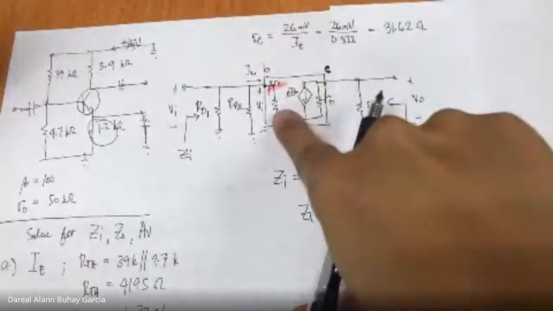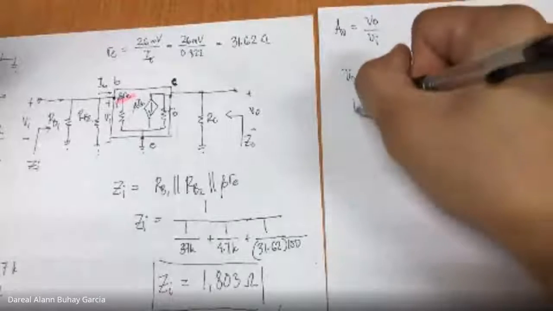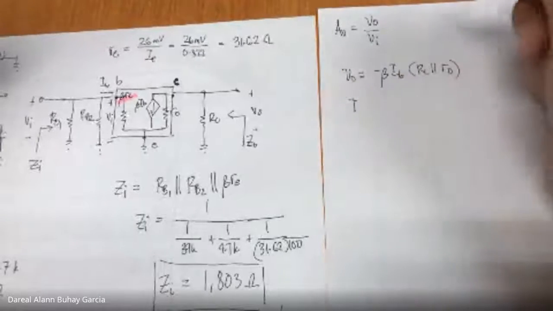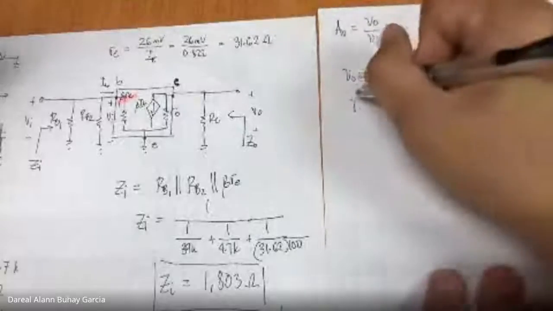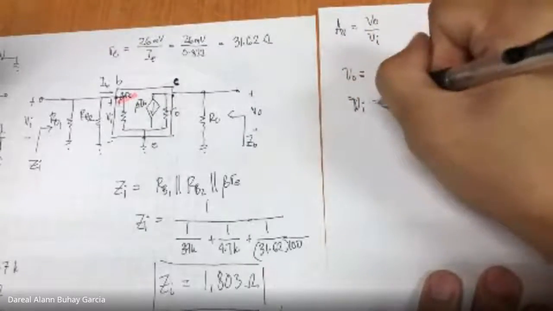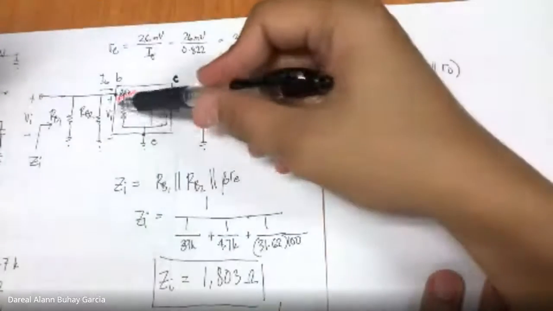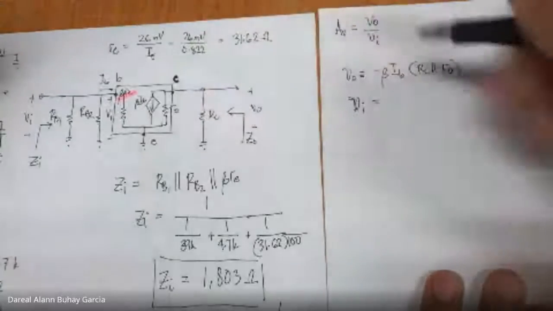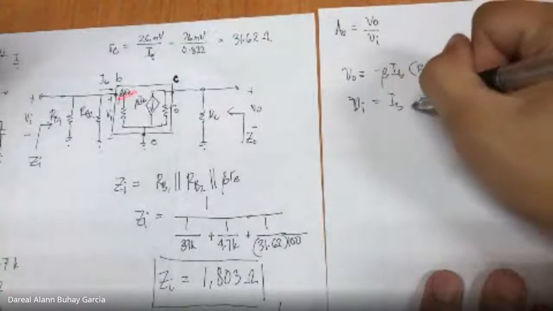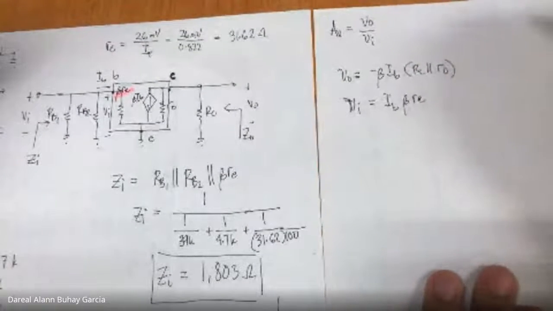And the resistance is beta RE. Sakto ba to? Yeah, VI is equal to IB times beta RE. Okay.